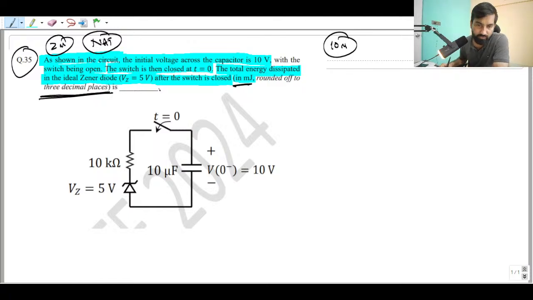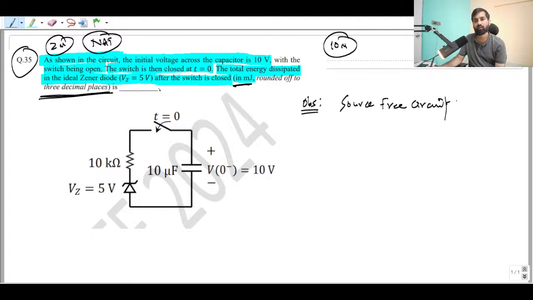Fine, let's move ahead. So let us solve this circuit. What are the observations that we can make from this circuit? First of all, this circuit is a source free circuit, as no external sources are connected.